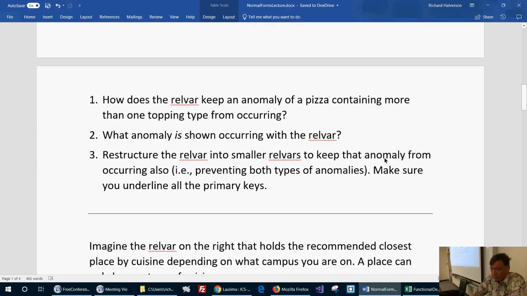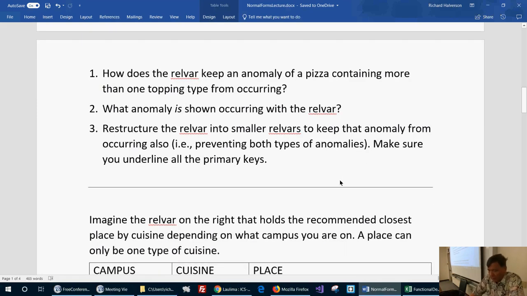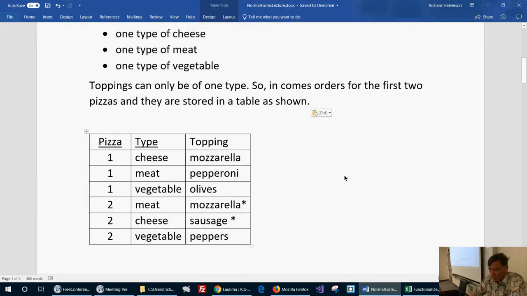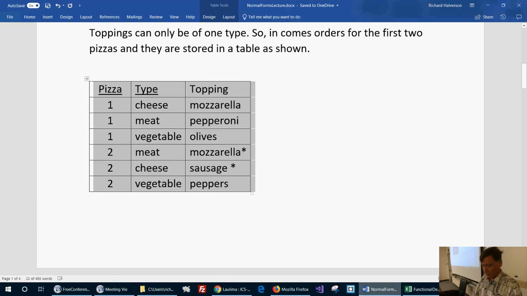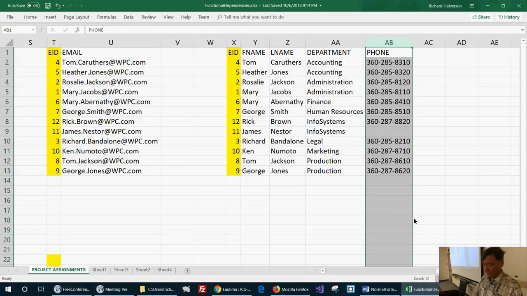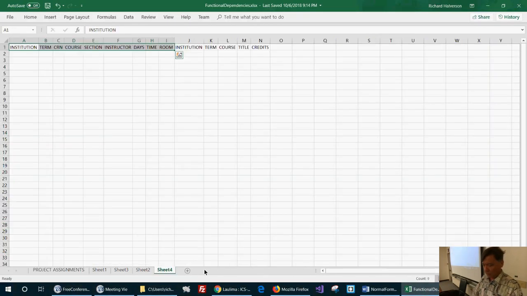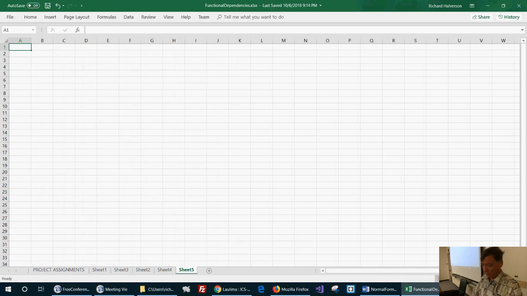Same with sausage and cheese. So how do we restructure the relvar into smaller relvars to keep that anomaly from occurring? The way we do it, of course, is we have a pizza type topping, but we also have to have a topping type. Let me go to sheet 5.